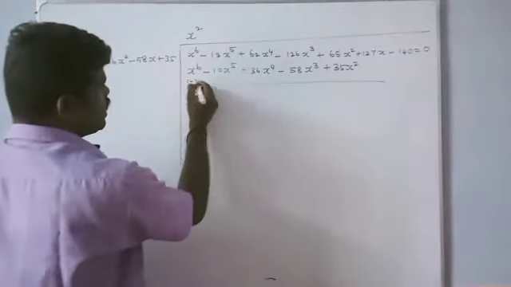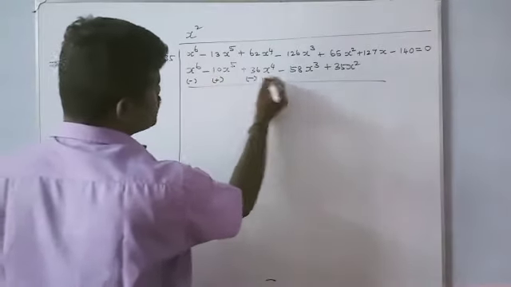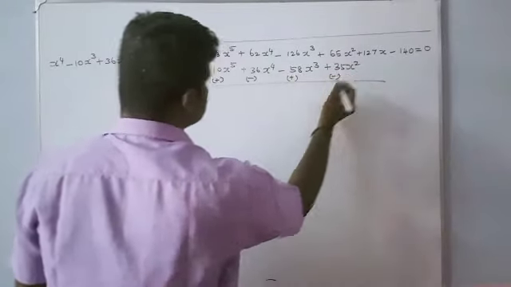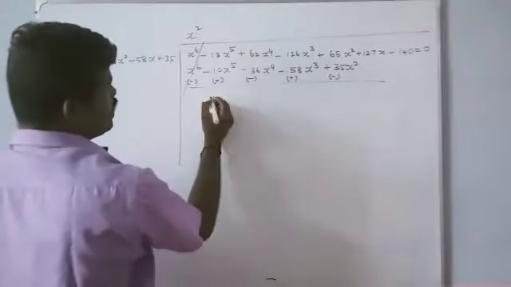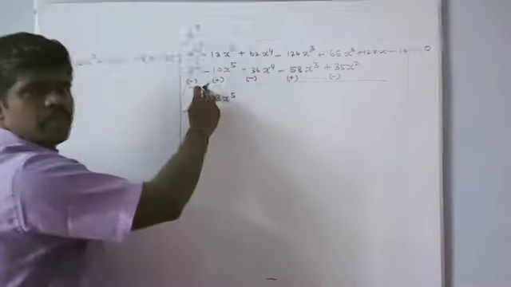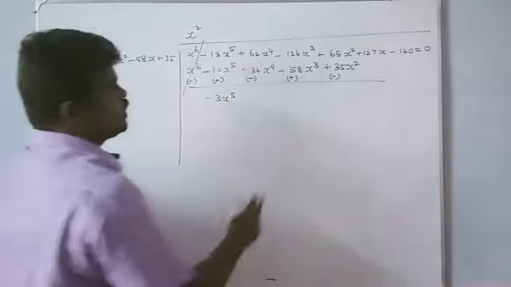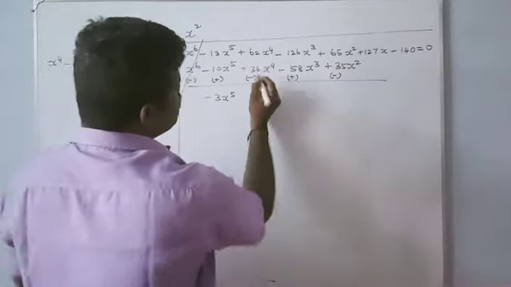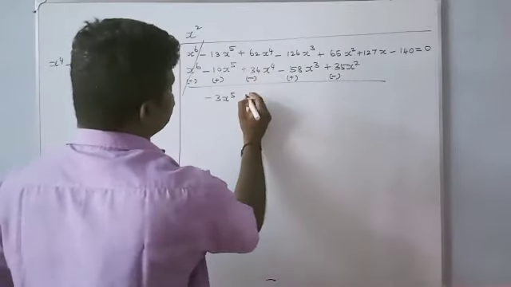Subtract these terms, and the value is minus 3x power 5.